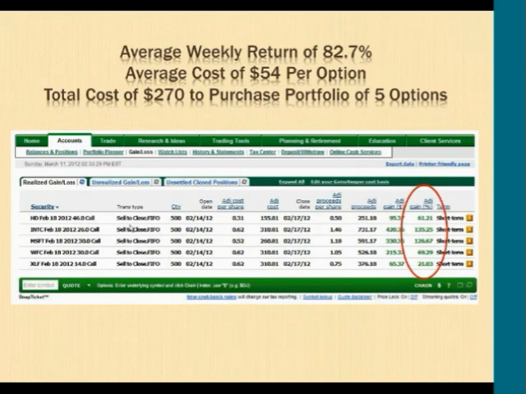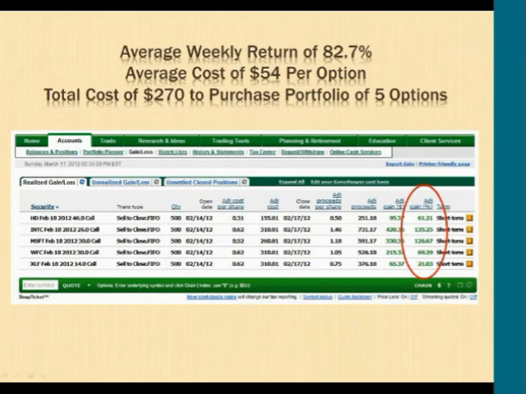In this particular week, I had 5 weekly option trades, and for that week, I had an average return of 82%. Now I traded 5 contracts, but if you were to trade just one contract, the average cost was $54 per option.